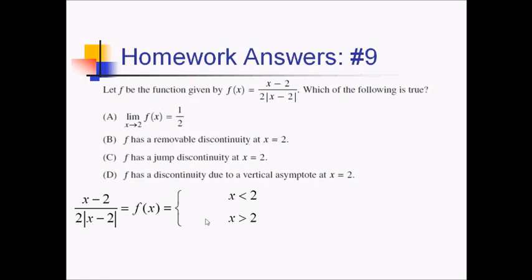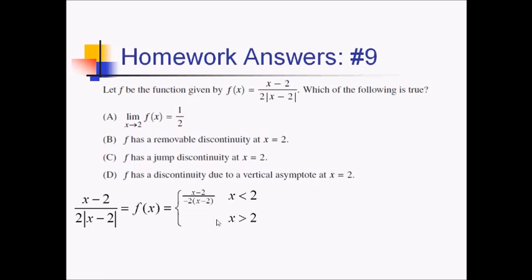All right, so our first rule then, for when the stuff inside here comes out negative, we have to force it to be positive. So to simulate what absolute value does, we'll just negate all of the stuff inside absolute value. So I'm going to rewrite this as (x minus 2) over negative 2 times (x minus 2). This negative out in front here basically forces the stuff inside here to come out positive after it becomes negative.